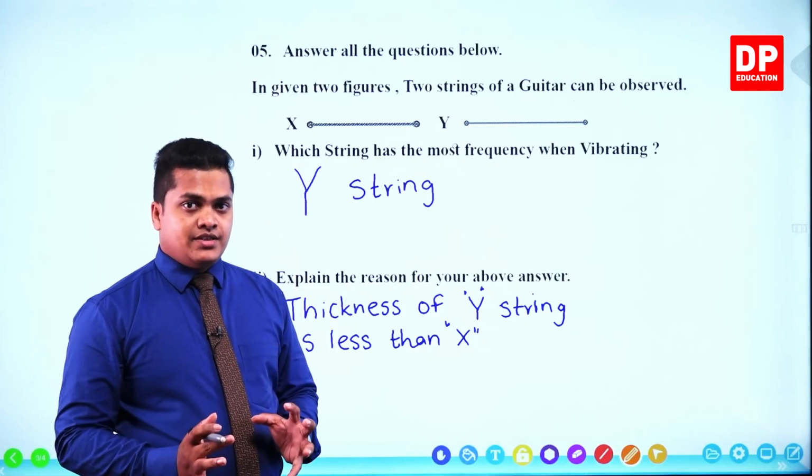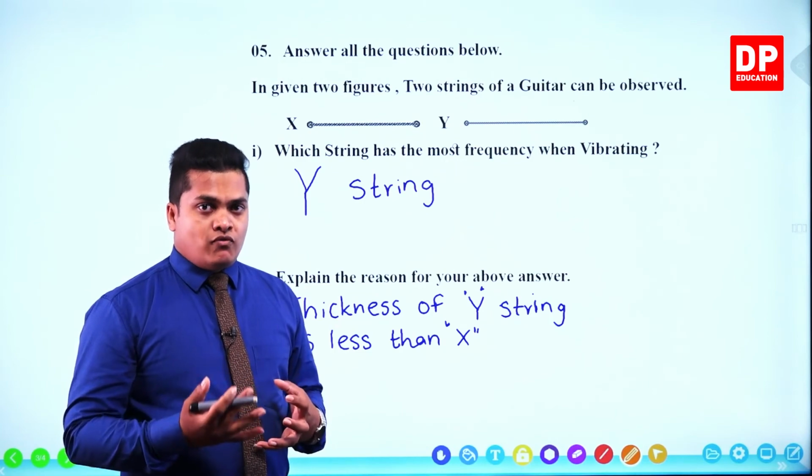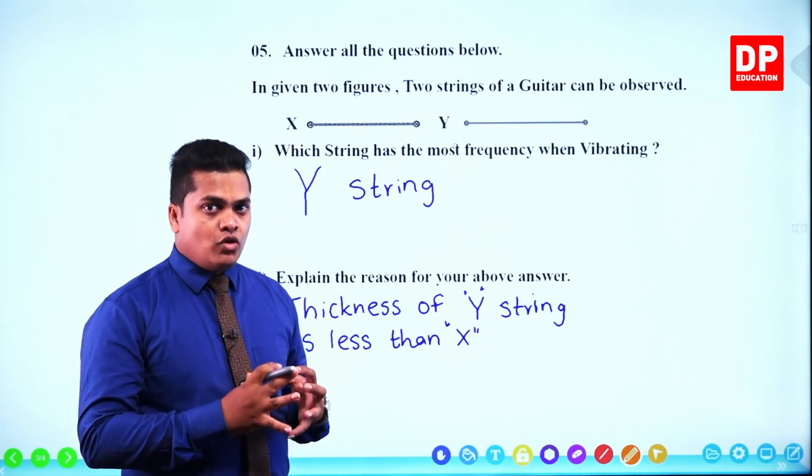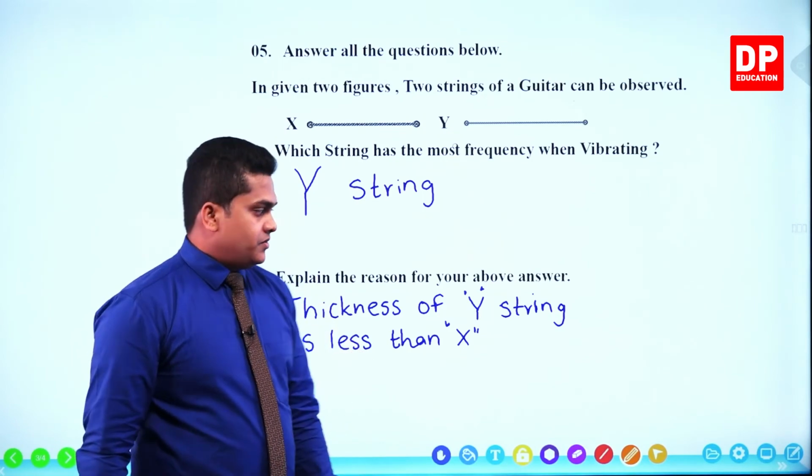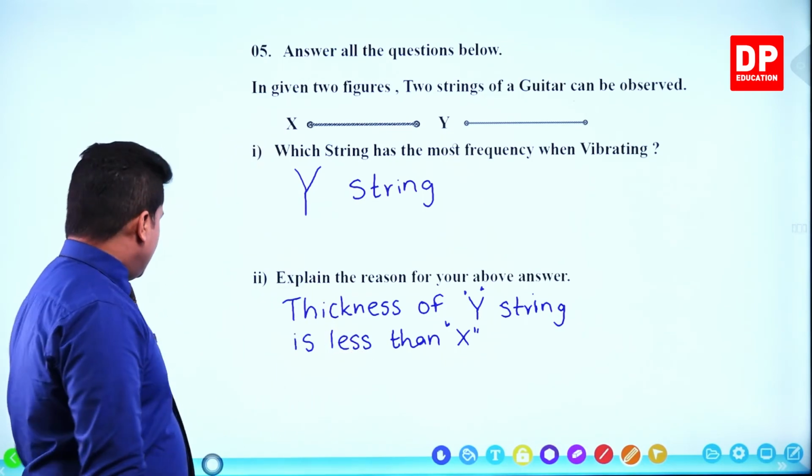When reducing the thickness, it will vibrate faster and produce a sharper sound, which means the frequency is going to increase. So let's see what are the other questions.